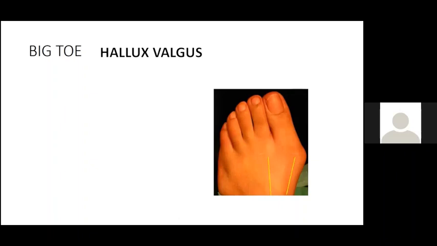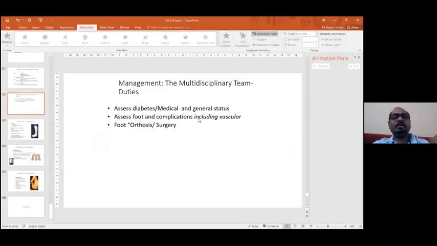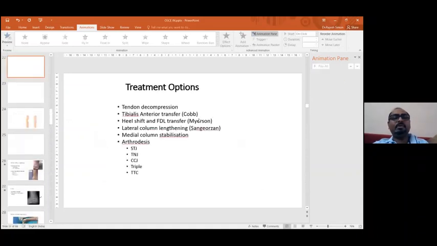Depending upon the deformity grade, in the surgical treatment we can go for soft tissue and bony procedures.